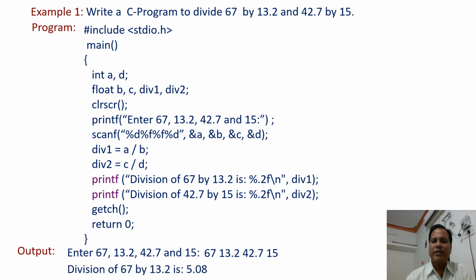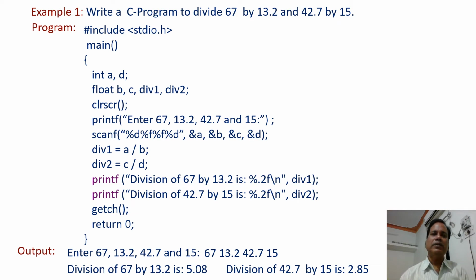Division of 67 by 13.2 is 5.08 and the second division result is displayed like this. So in this way we have seen mixed mode arithmetic, in which one operand is an integer and another operand is a floating point.